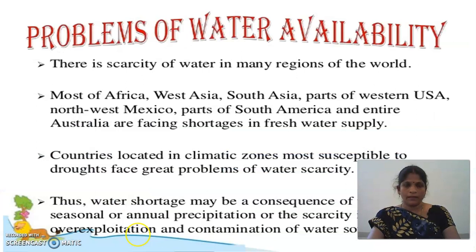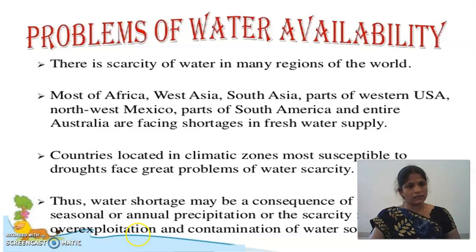Then, problems of water availability. We know very clearly about water scarcity, because every year we meet water scarcity in our district. There is scarcity of water in many regions of the world. Which countries? The names I have given here: Africa, West Asia, South Asia, parts of Western USA, Northwest Mexico, parts of South America, and the entire Australia are facing shortages in fresh water supply.